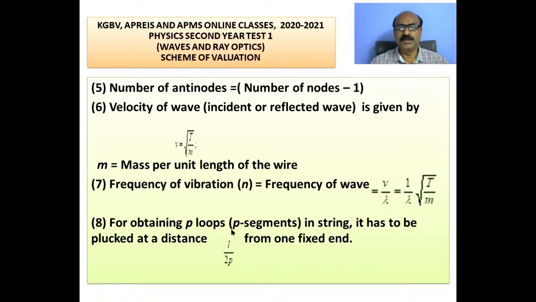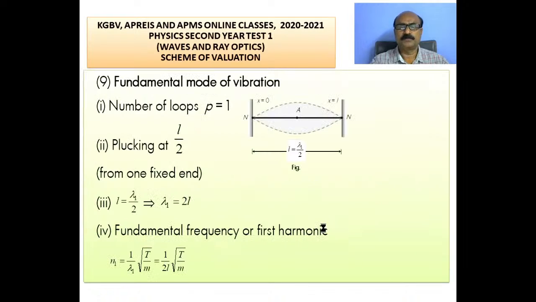For obtaining p loops in the string, it has to be plucked at the distance L by 2p from one fixed end. So to get one loop, what you have to do? We have to pluck it at the center. This is how we have to pluck the wire to get different nodes and antinodes and loops.